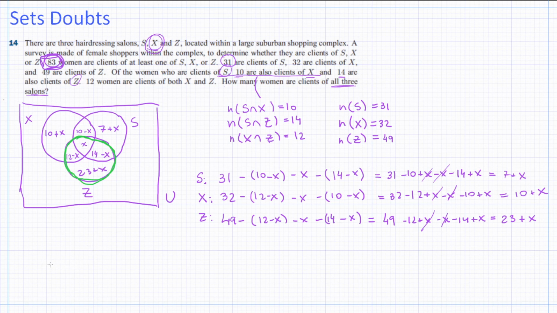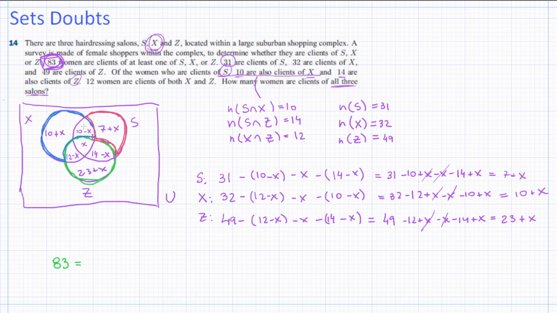So if I'm working the total, 83, which is the total number of people, should be the sum of this set Z. Now this portion of our set X, right, and this portion of our set S.